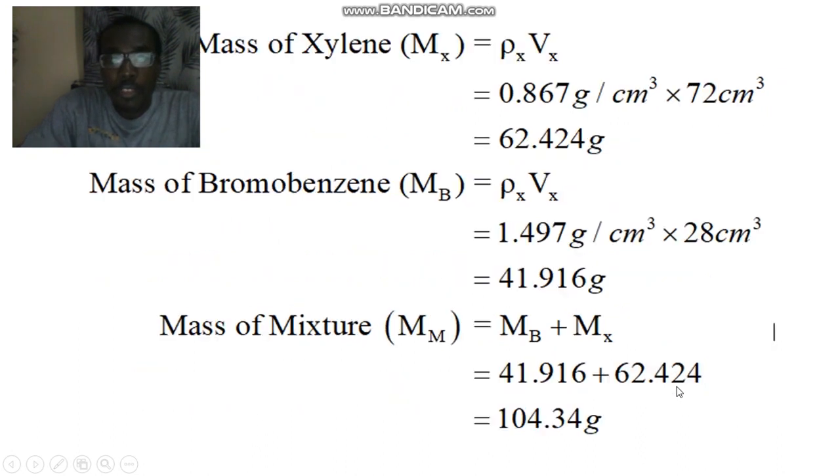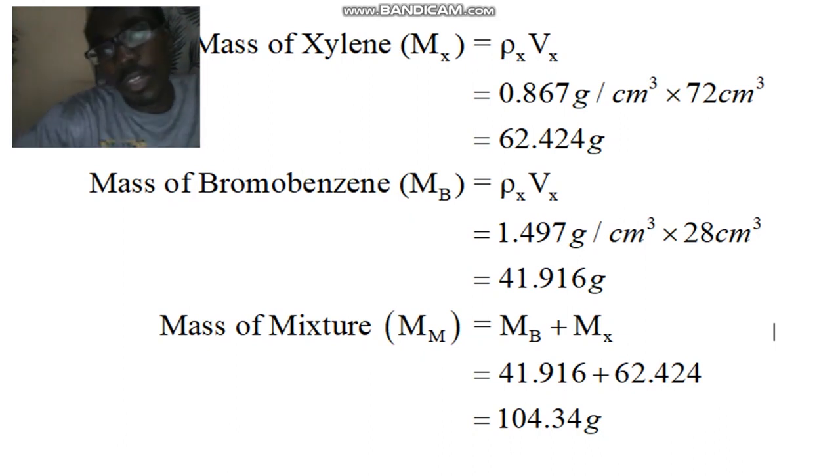As we know, density is equal to mass divided by volume. If you make mass the subject, you get rho times v, that is density times volume gives you the mass. From that formula we all know, I remember from class I explained all these things to you, and I expect you to remember. So if you have the density of xylene and its volume, you multiply and you get 62.424 grams as you have here.